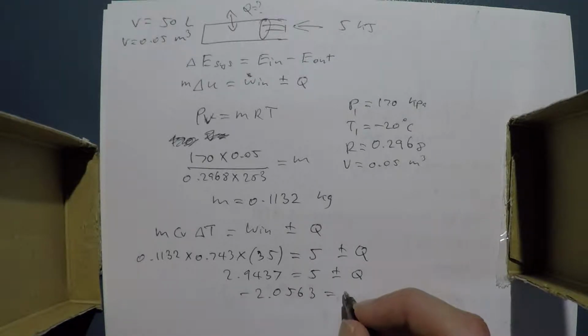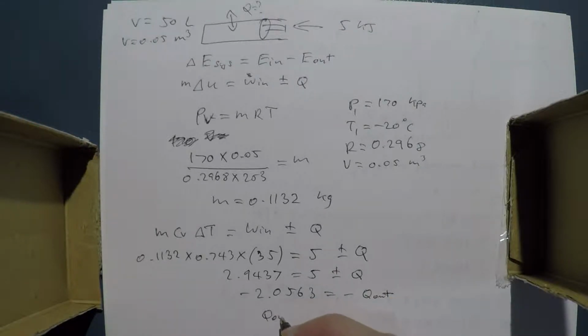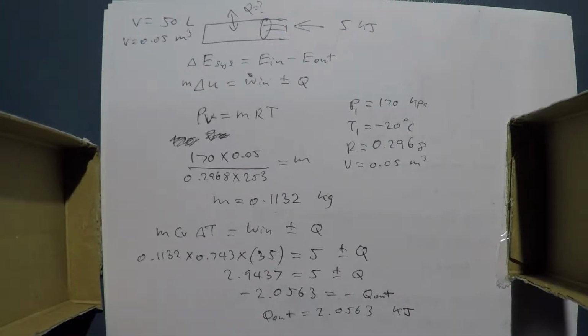At this stage, we can determine that it's Q out of the system, because we can't have a minus Q. So I'm going to write Q out. Then we just divide both sides by minus 1, and we get that that's the Q out of the system.